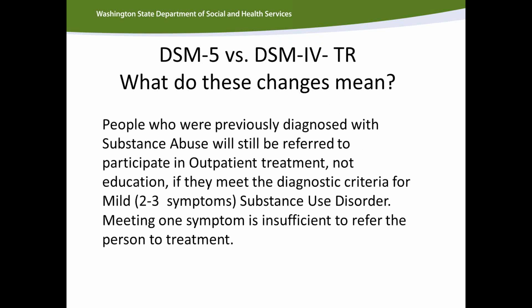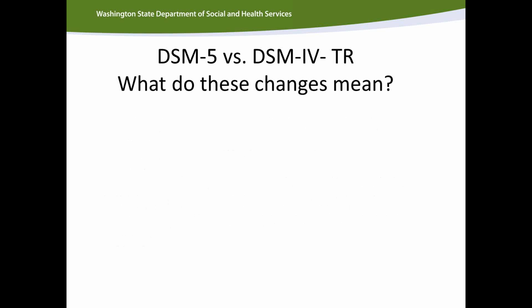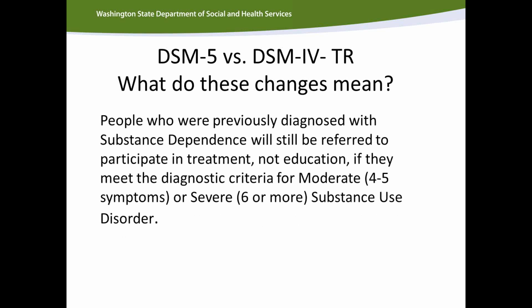People who were previously diagnosed with substance abuse would still be referred to outpatient treatment if they meet the diagnostic criteria for mild, which would be 2 to 3 symptoms. Meeting one symptom is insufficient, so that person would be referred to Alcohol Drug Information School. People who were previously diagnosed with dependence will still be referred to participate in treatment, not education.